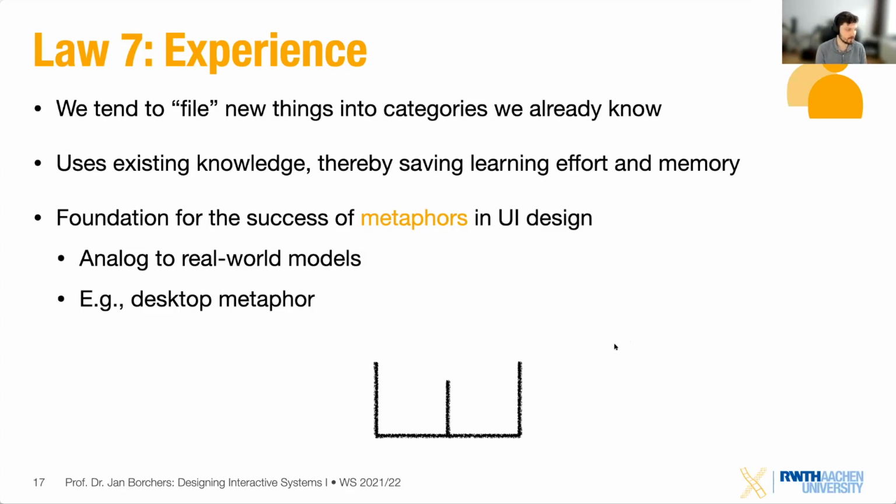However, if you use symbols which are already connected by the experience of most users, then this makes parsing your interface very easy. A simple example for that is the controls of your music players. For example, for skipping to the next song, you have those two triangles pointing to one side.